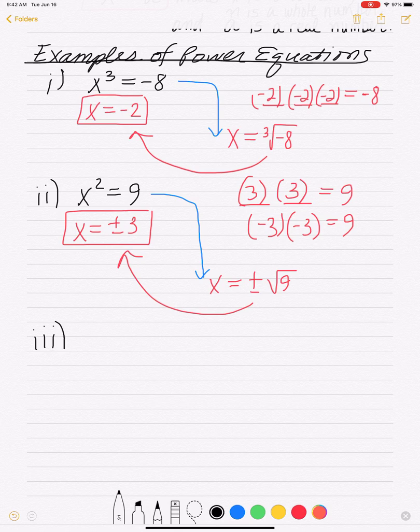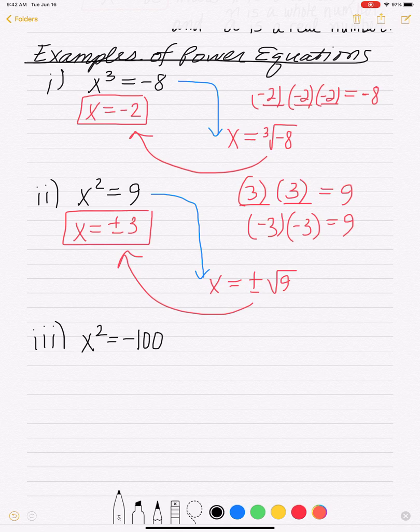What if I had x squared equals negative 100? It's impossible to square anything and get a negative number. It's impossible to square real numbers anyway. You can invent something called imaginary numbers, but we're not doing imaginary numbers.